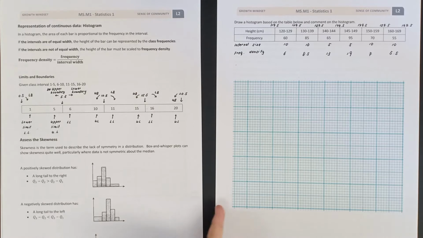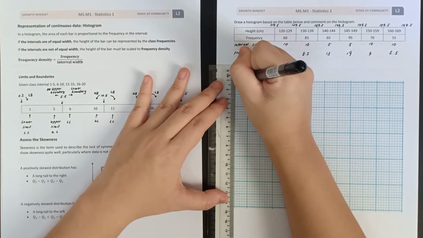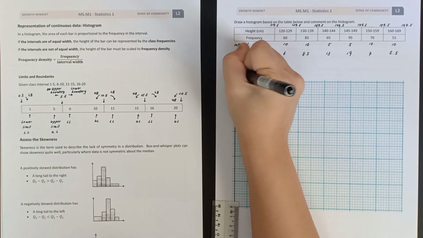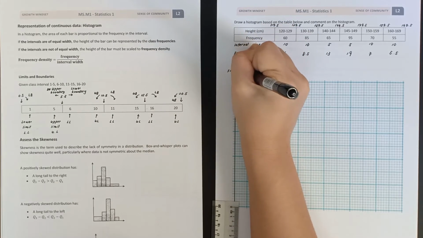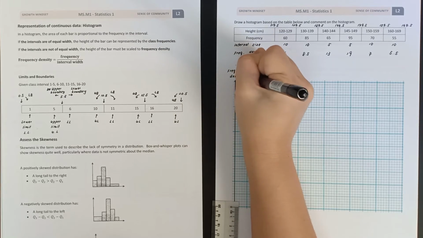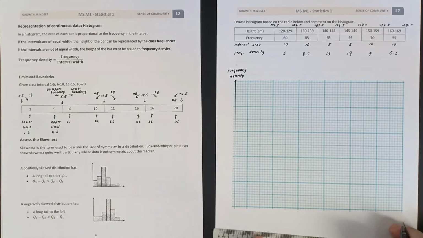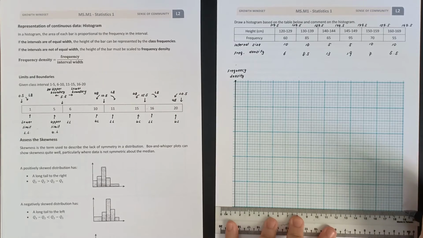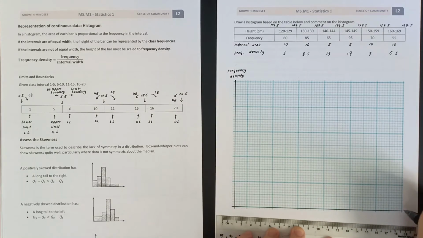Remember now your y-axis is going to be frequency density, not frequency. So when you write here, you need to write frequency density. Then for here it's going to be the height.